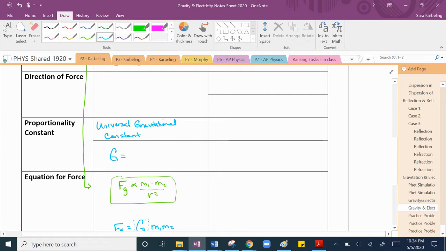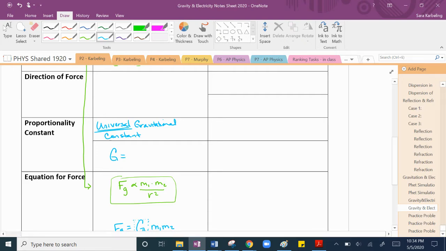The little g that we've been using for much of the year, right, 9.81 meters per second squared downward, that is true at the surface of the Earth at sea level. Okay, if you go up to Mount Everest, you go down to Death Valley, that value changes. If you go to the moon, that value for sure changes. This thing right here is a universal gravitational constant. That means anywhere in the universe, this value is the same, okay?